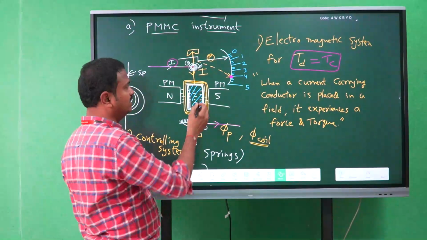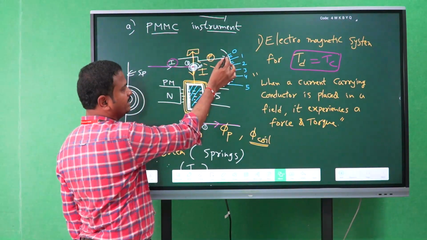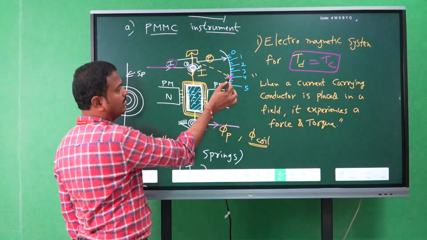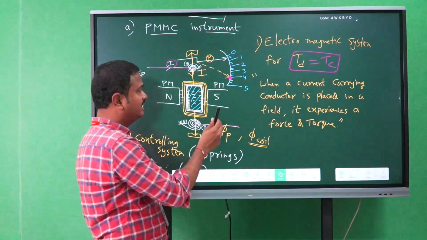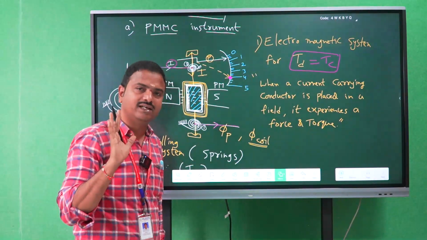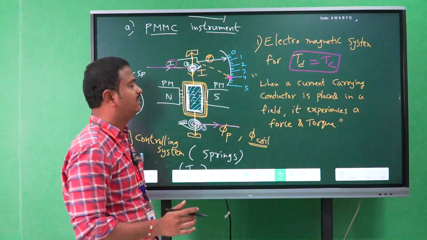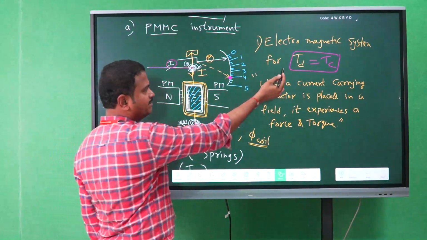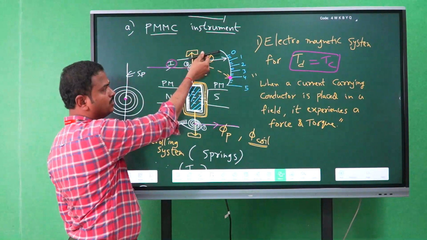Therefore, the pointer moves from zero reading to 4 amperes reading gradually and then stops sharply at the final position, that is the 4 amperes reading position. Clear? So due to the deflecting system, the pointer moves from 0 to 4 amperes.